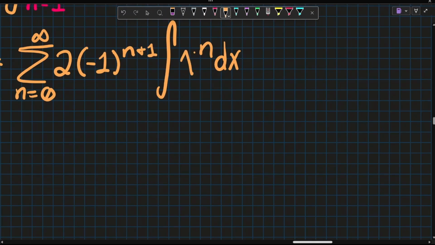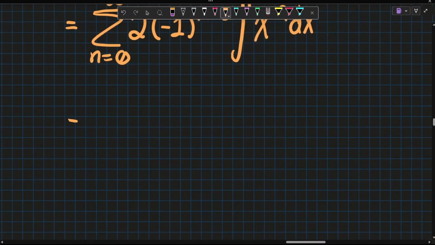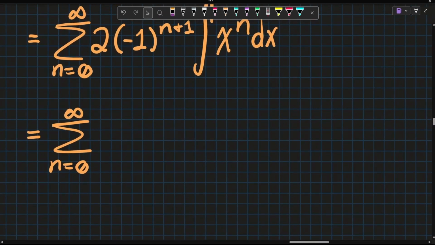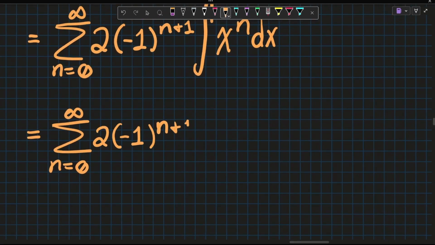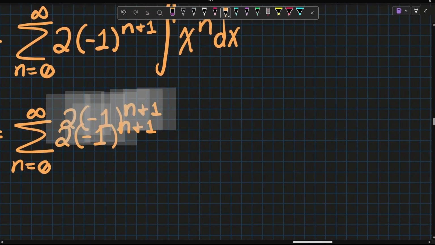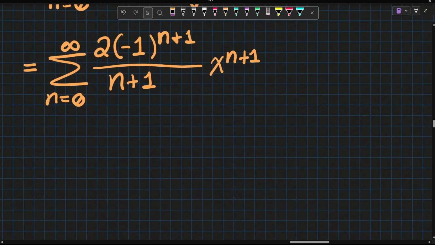Now you know the general formula for the integral of an nth power. That's pretty easy. So if we were to express this, we would have the sum from n equals 0 to infinity, 2 times negative 1 to the n plus 1, all over n plus 1, times x to the n plus 1. Cool.